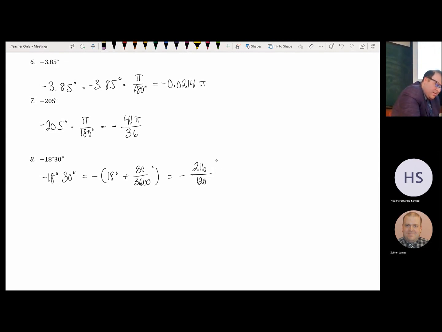Oops, I don't know why I did 60, because I'm adding one to it. Negative 2161 over 120 degrees, times that by pi over 180 degrees.